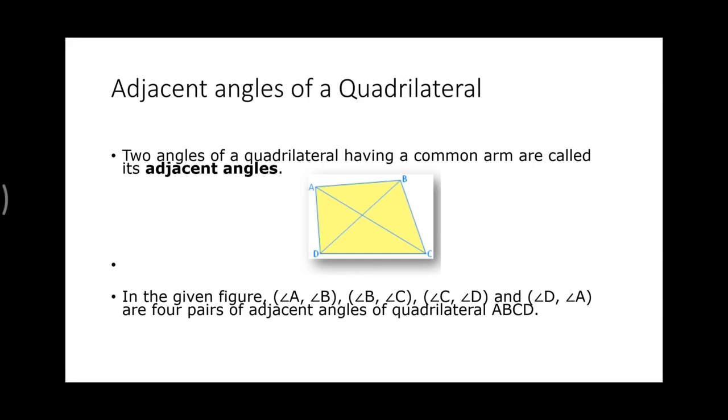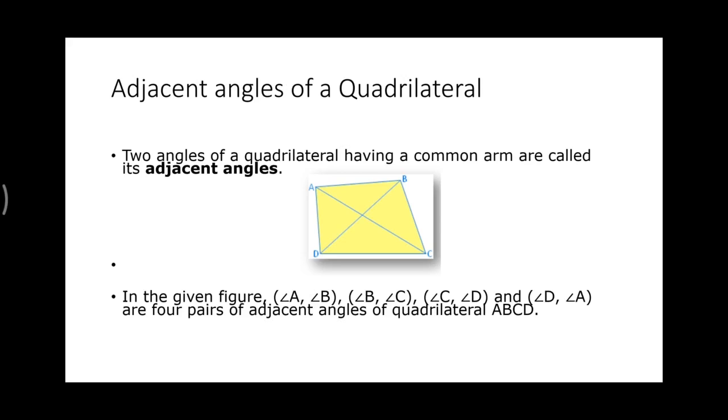Now adjacent angles of the quadrilateral. Two angles of a quadrilateral having a common arm are called its adjacent angles. So two angles that are made on a common arm, meaning on the same side, we will call them adjacent angles. For example, we can see in this figure angle A and angle B are both on the side of quadrilateral AB. So A and B are adjacent angles. Same, angle B and angle C are on the side BC. That's why angle B and C are adjacent angles.